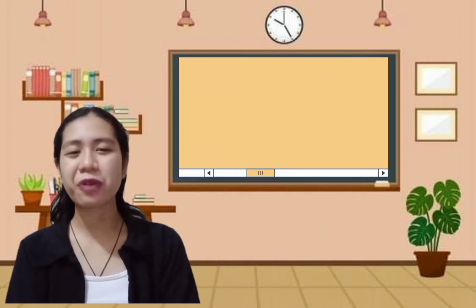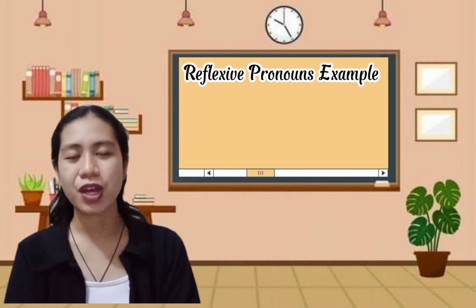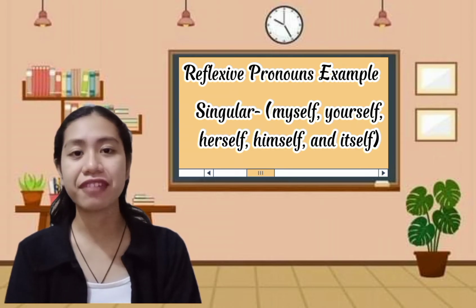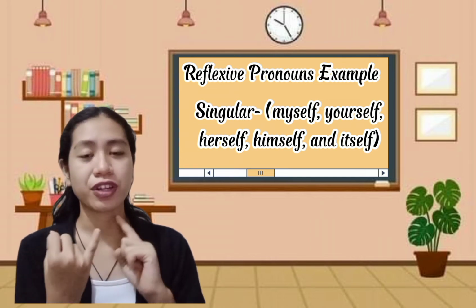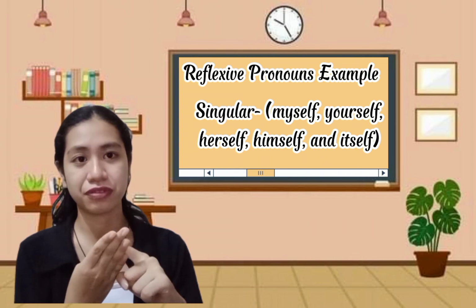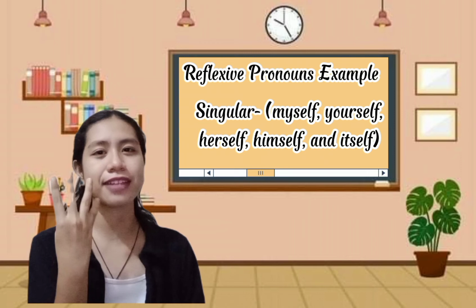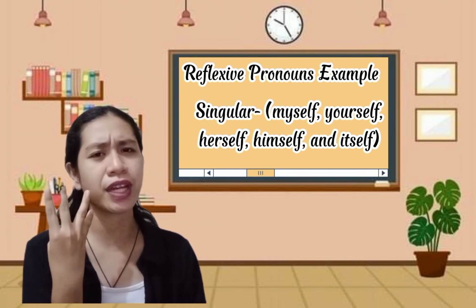Now class, I will be giving you some examples of reflexive pronouns. Singular reflexive pronouns end with self, like herself, himself, yourself, myself. Do you get it, class? What are the four examples of singular reflexive pronouns?